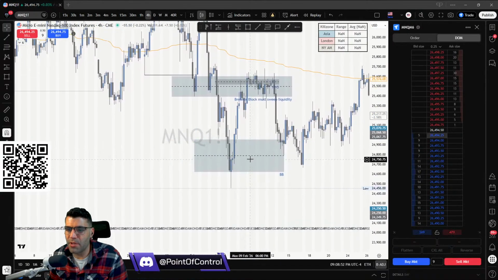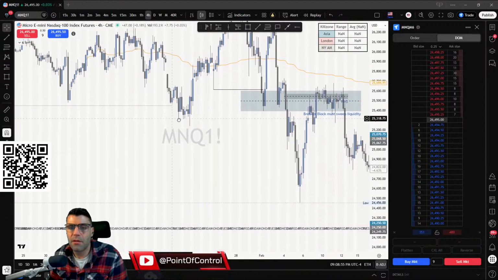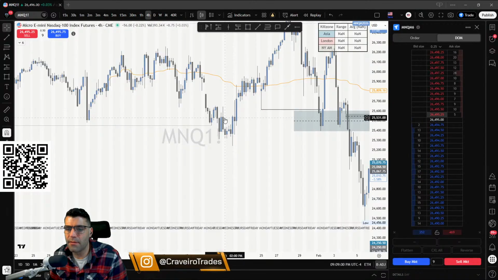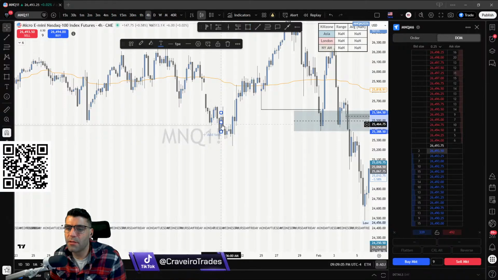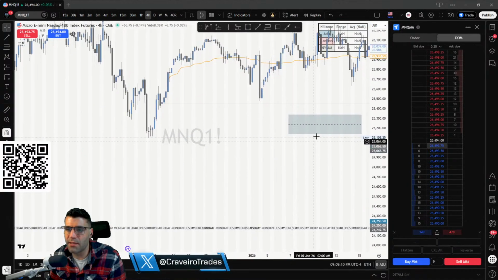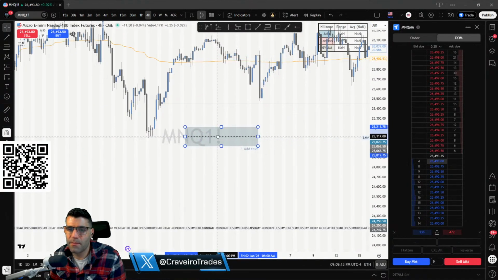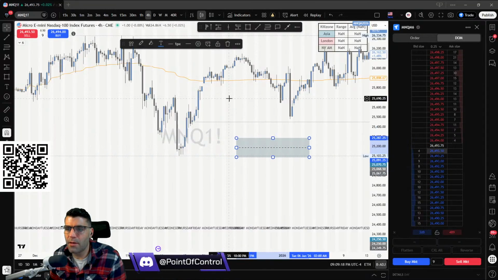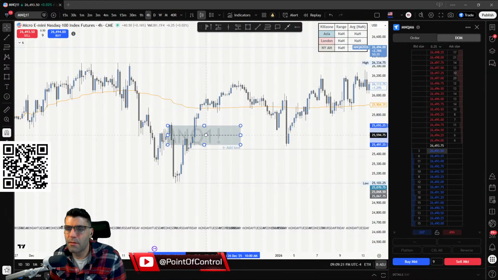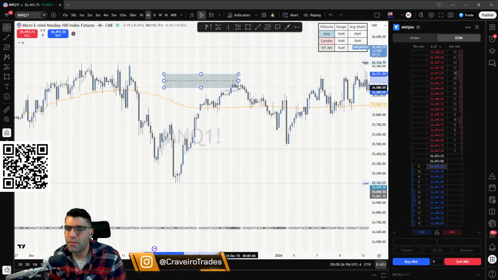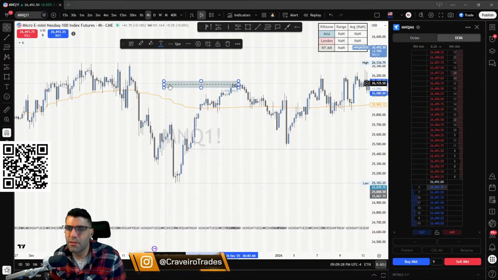A mitigation block, see right here, you could consider this. Super ugly one. I don't like that example. Not a fan. Okay, right here we have a lonesome black candle sandwiched in between these two blue ones.